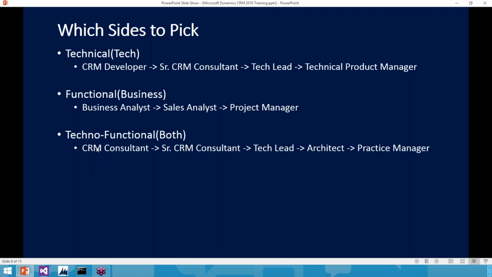You should be able to repair your car as well as describe each and every feature of your car. You should know each and every nut and bolt in your car to be a good techno-functional consultant. Again, the growth is very good.